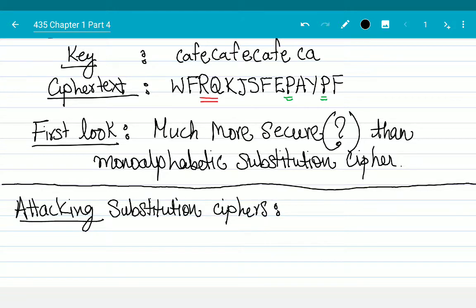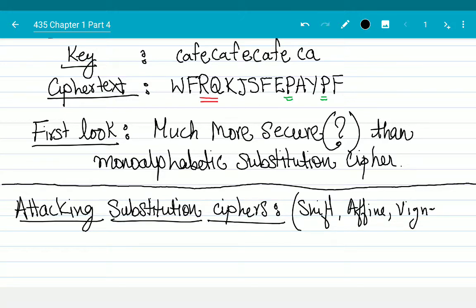Okay, so when I say attacking substitution ciphers, I mean all 3 of them: shift, the standard substitution, affine, as well as Vigenere. And we are going to look at them systematically.